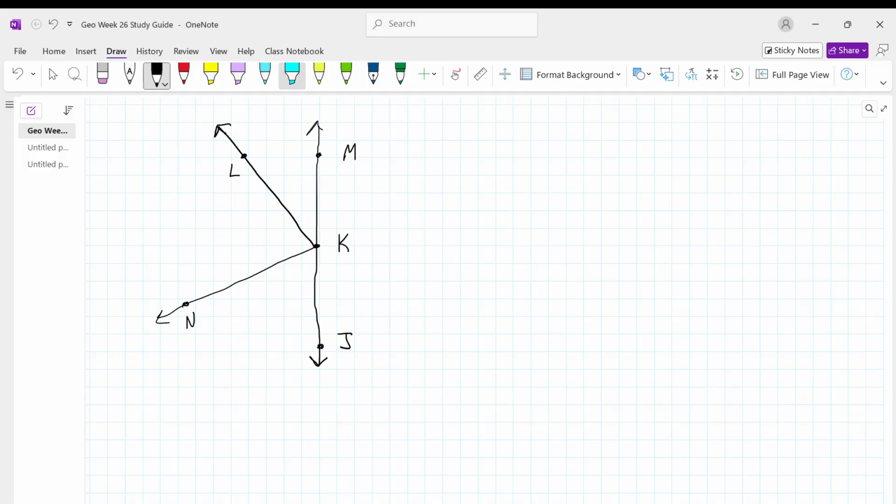You're told that KJ and KM, so K to J and K to M, are opposite rays. KN, from K through N, bisects JKL. So you've got a ray that comes out of K and goes through N. It bisects JKL, so that means this angle is congruent to this angle.